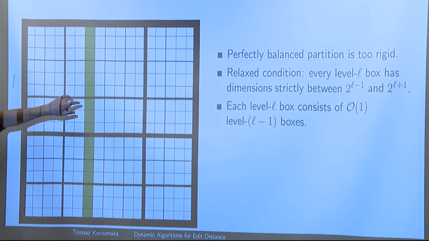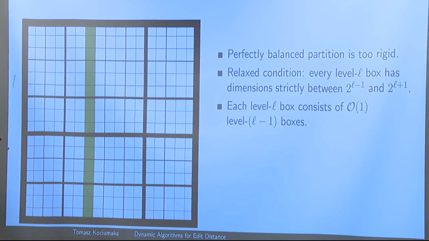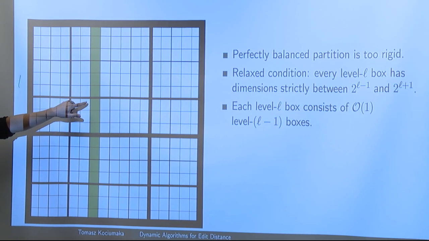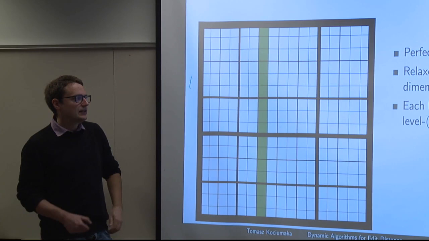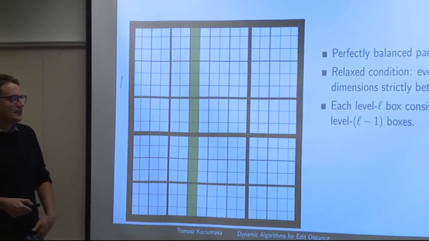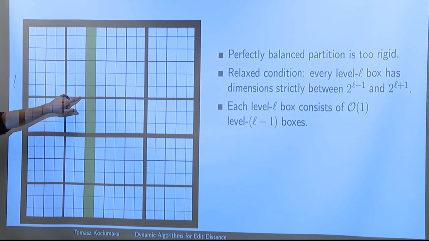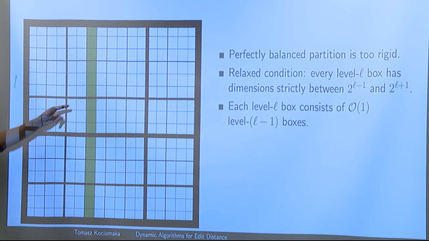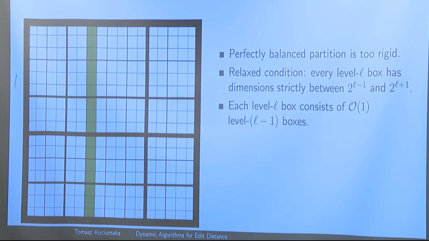Like here, we have a box of width 4 at level 1, which is too large. But we can always partition it into 2 boxes of the same level. And if you do some calculations regarding this threshold, it is always possible to make sure that this partition preserves the structure of the boxes at the previous level, so we don't partition a box at the level minus 1 somewhere in the middle.